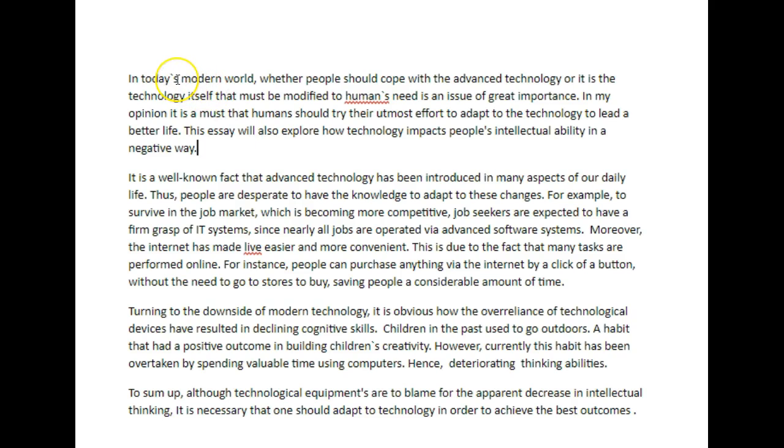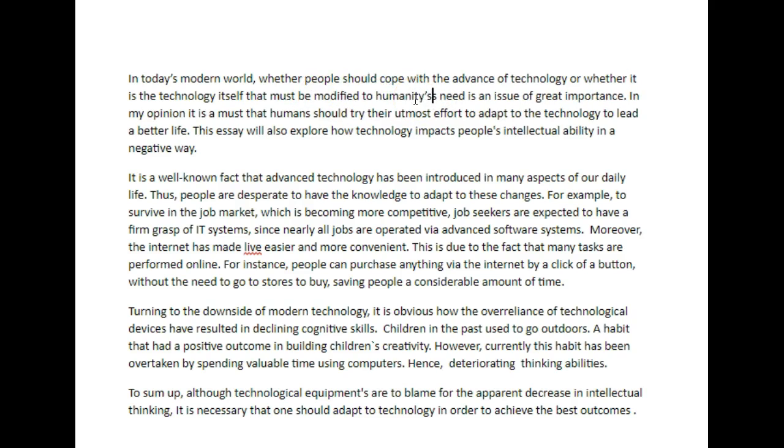So in today's modern world, that should be that one, yeah. Whether people should cope with the advance of technology or whether it is the technology itself that must be modified to humanity's needs is an issue of great importance.